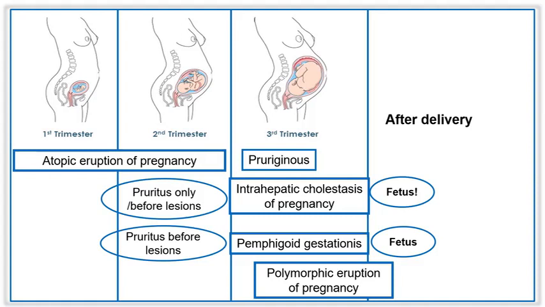And in intrahepatic cholestasis of pregnancy, later you might have scratch lesions up to prurigo. And prurigo may also evolve in atopic eruption of pregnancy. So it's important here to separate these two. And this is very easy because you draw fasting blood and determine the bile acids.